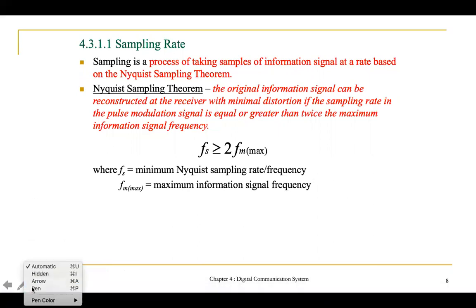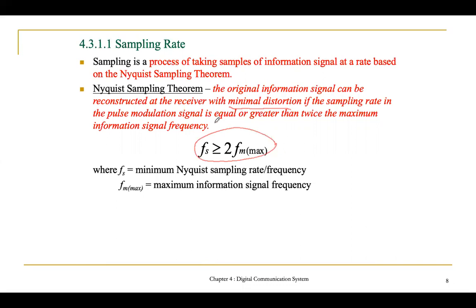What it means here is that for PCM, with minimal distortion at the receiver, you must follow this rule, where the sampling frequency must be at least 2 times higher than the maximum modulating frequency.